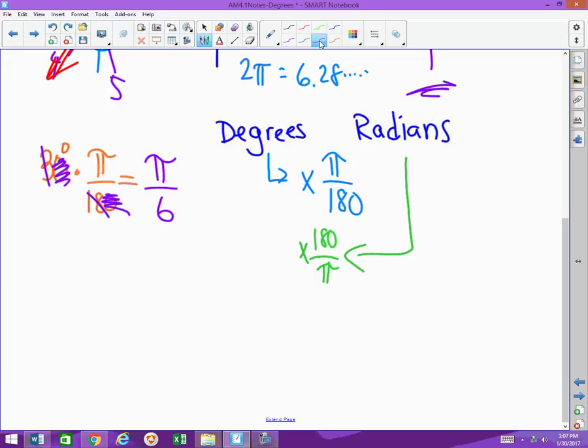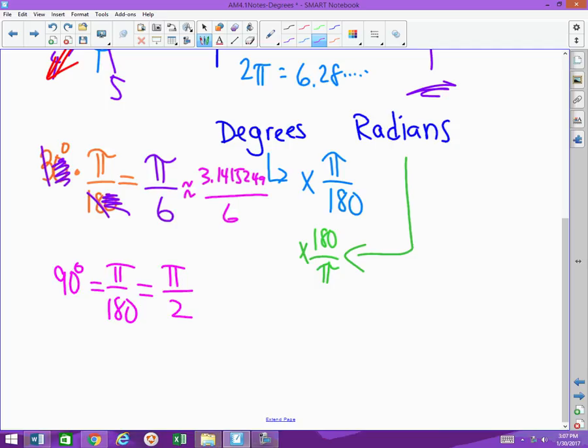Now, if you want to know what that is as a number, you would take your calculator and check 3.14159 and stuff and divide it by 6. You're going to get 0.5 something. If you have 90 degrees and want to convert it to radians, you multiply by pi over 180, and you will get pi over 2, which is approximately 1.57.